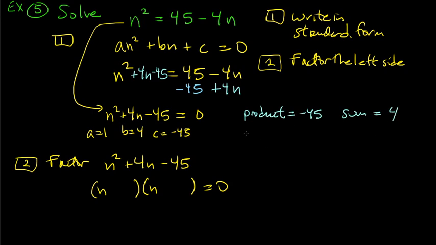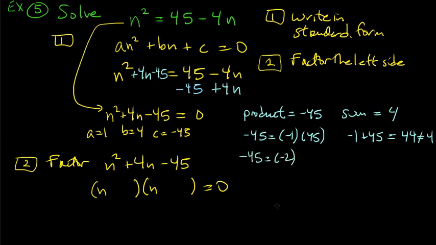So what two numbers multiply to negative 45? How about negative 1 times 45? Negative 1 plus 45 is 44, which is not 4. So that's not right, but it is positive, so we have the negative in the right place. The smaller number should be negative. Can I divide by negative 2? No, because 45 is not an even number. Can I divide by negative 3? Yes.